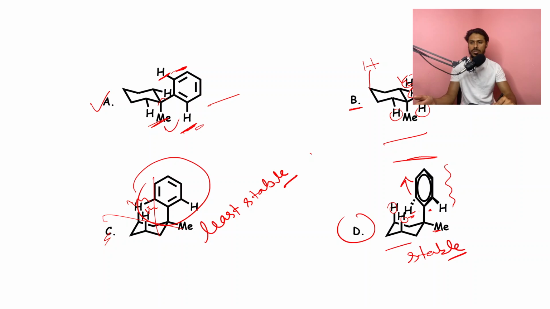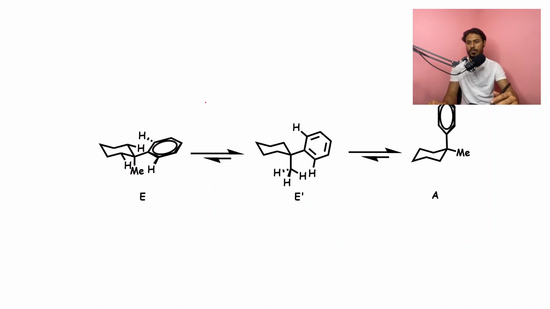Now between these two equatorial conformations, in this one you can see there is a steric clash between this equatorial hydrogen and this ortho hydrogen, but there is no steric clash in the case of A, so A should be the winner. But here we are forgetting the presence of this methyl group. Because this methyl group is present, if we open up the hydrogen atoms, the hydrogen atom of this methyl group is actually interacting with this hydrogen atom.